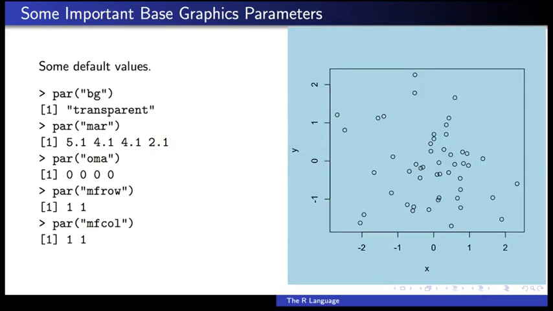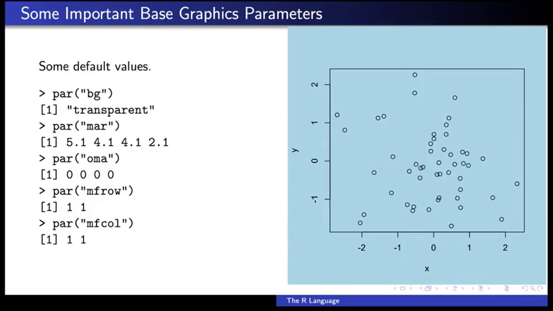So there are 4 sides to the square plotting region. And you can think of it as going clockwise around the plotting region, starting at the very bottom. So think of the x-axis, that's the first side, the y-axis is the second side, the top of the plot is the third side, and the right side is the fourth side. So you can see that the x-axis, the bottom of the plot, has the largest amount of space.